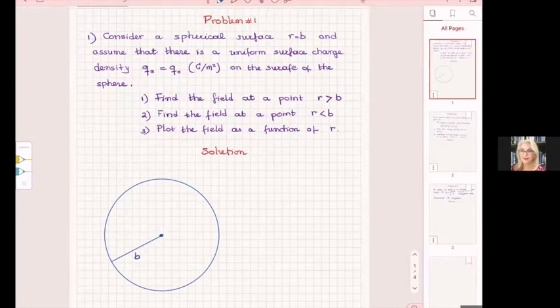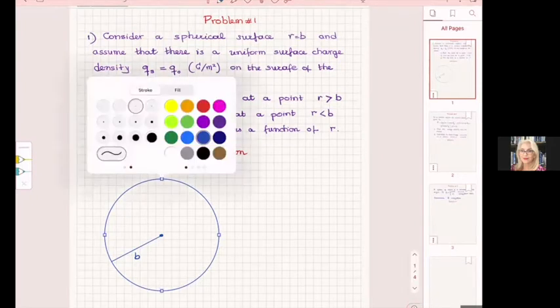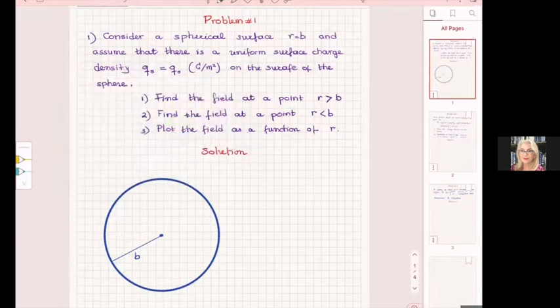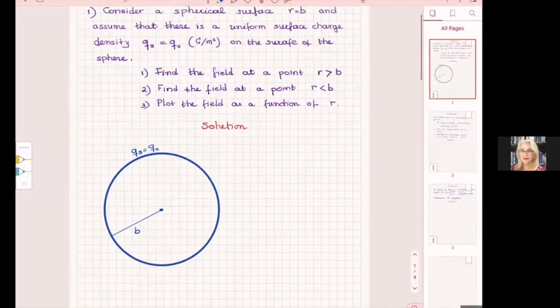And there is a uniform charge on this sphere. So if I just make it a little thicker, so you know there is charge on this sphere, Q sub S, and I consider that to be Q naught, uniformly distributed. So what we want to do is find the field.